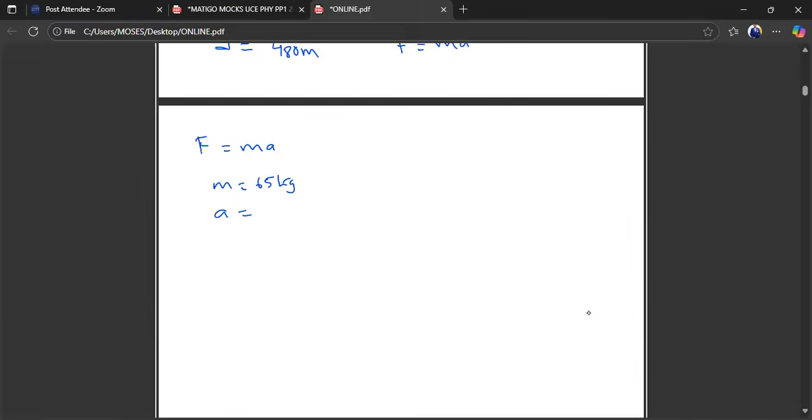For this case, you can ignore the negative and take the positive answer. Our A is 0.15 meters per second squared. So our F is going to be the retarding force during the braking, which will be 65 times 0.15, and I am coming up with 9.75 newtons. That is the braking force.